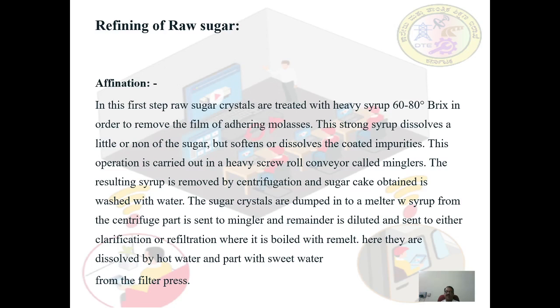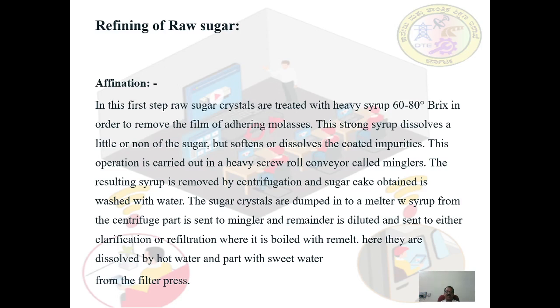This strong syrup dissolves little or none of the sugar, but softens or dissolves the coated impurities. This operation is carried out in a heavy screw roll conveyor called mingler. The resulting syrup is removed by centrifugation, and sugar crystals obtained are washed with water.